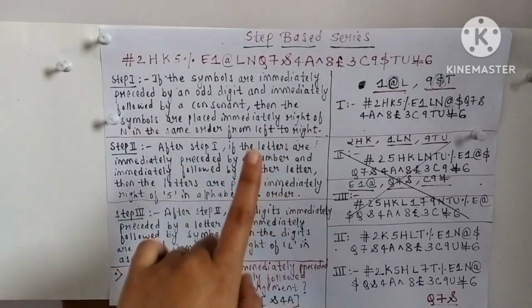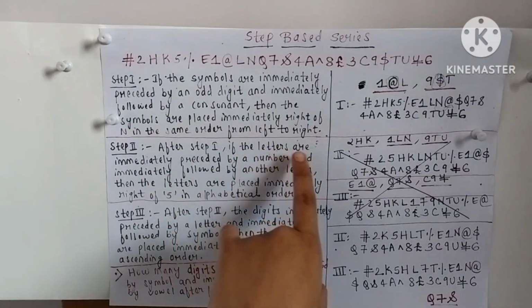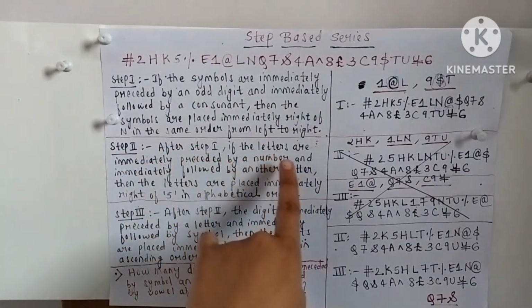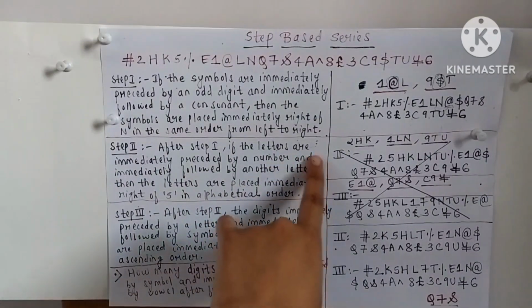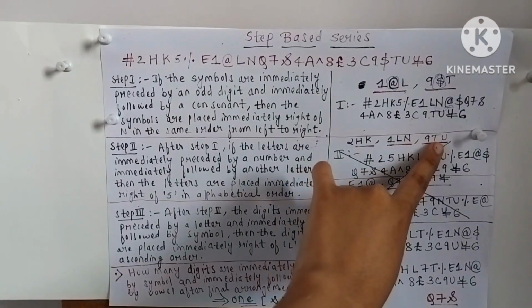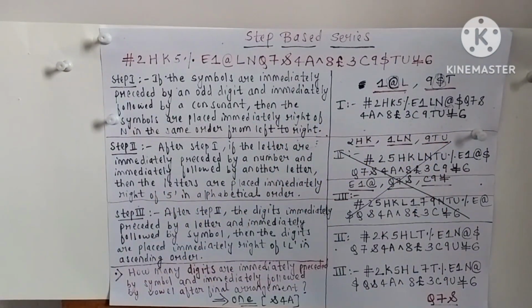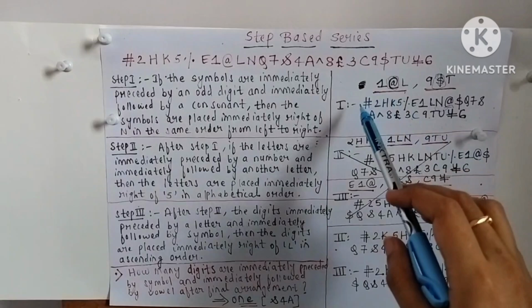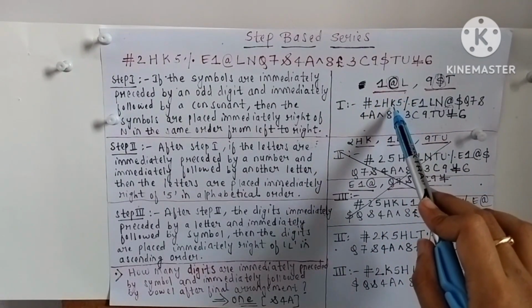Why? Because the condition is the letter which is immediately preceded by a number and immediately followed by another letter. So they are referring to that letter. That letter will be H, L and T. They are already in alphabetical order. You need to place those letters immediately right of 5. So hash will remain as it is, 2 will remain as it is, k will remain as it is.